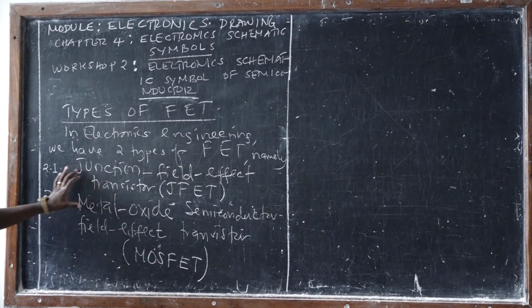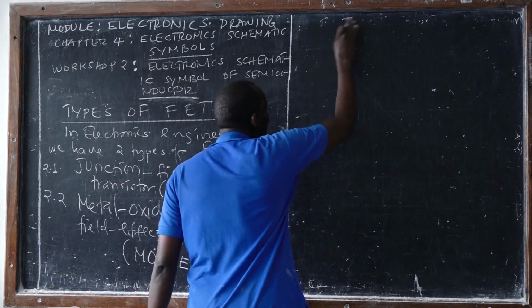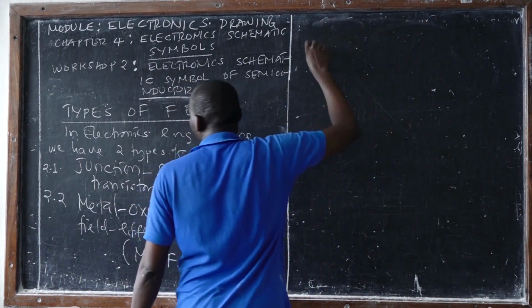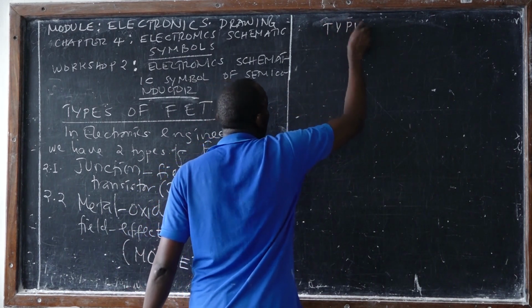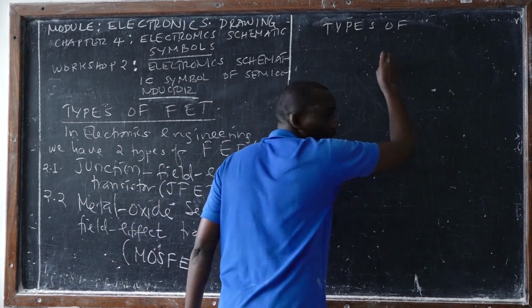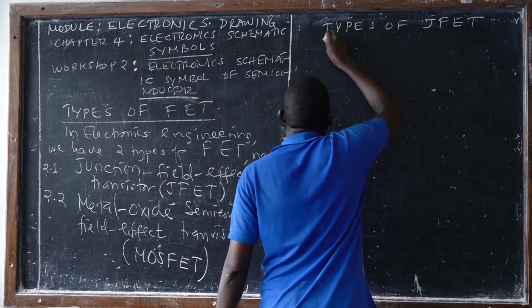There's a difference between junction field effect transistor and MOSFET. I don't define them because it's not part of this lesson, but now let us focus on types. Types of junction field effect transistor.